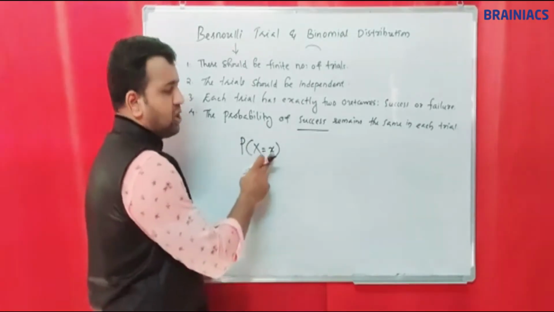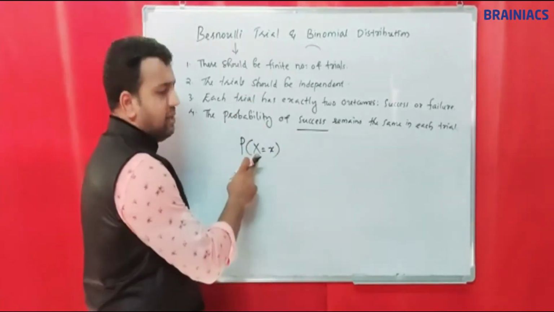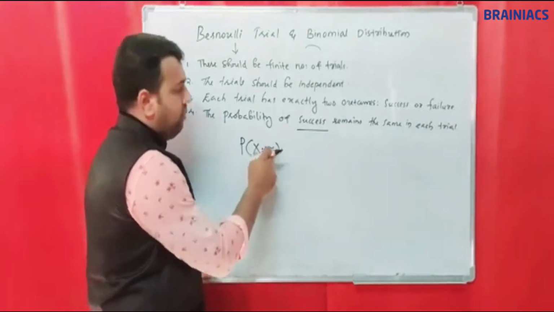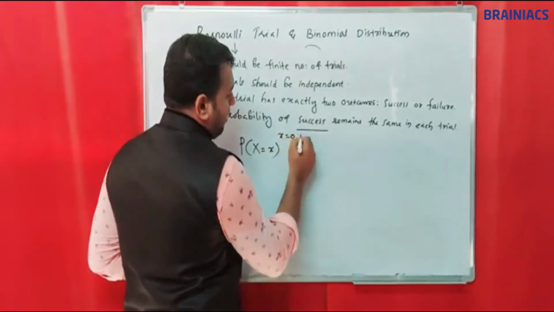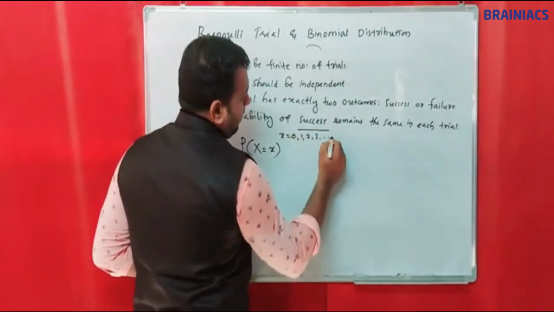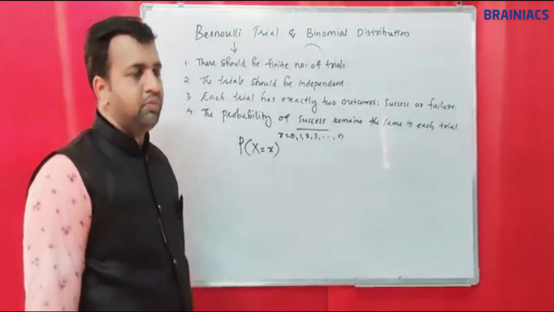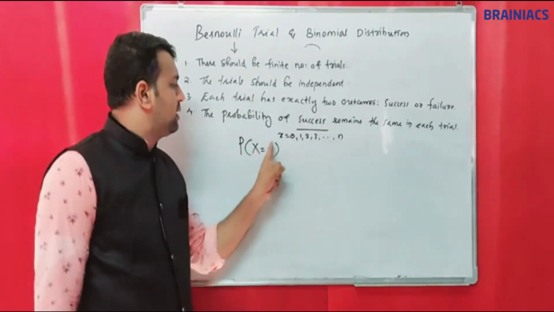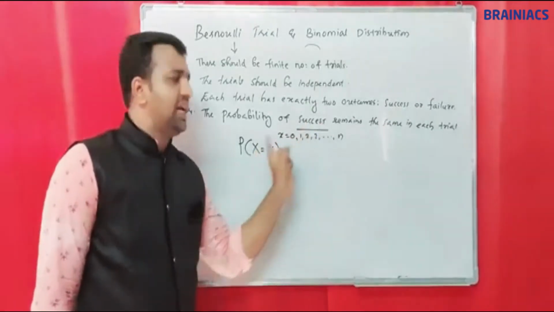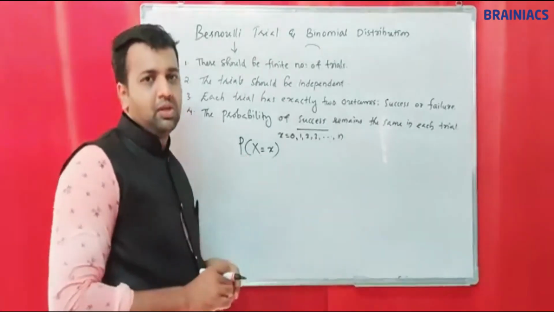This x can take the values 0, 1, 2, 3, 4, etc. up to n. So we can find P of x equal to 0, P of x equal to 1, P of x equal to 2, P of x equal to 3, up to P of x equal to n, by using this equation.